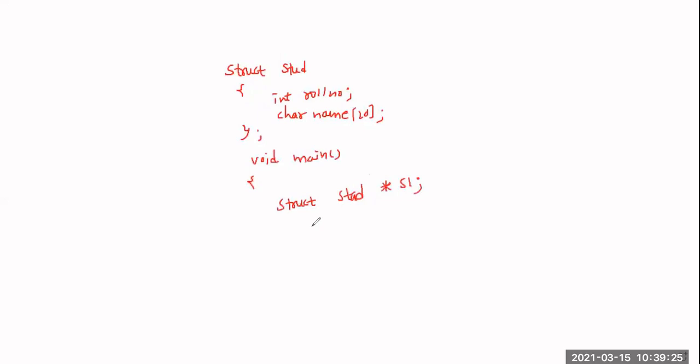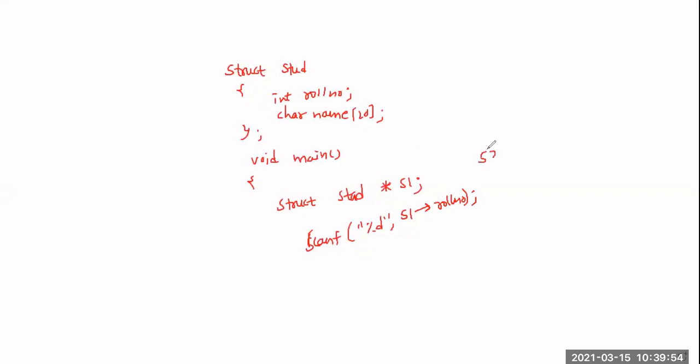So now if you want to get the data of roll number, then what is the syntax? Can anyone tell? scanf percentile d, S1 arrow roll number. The arrow operator, because whenever you are creating pointer variables, you have to access these members using pointers.